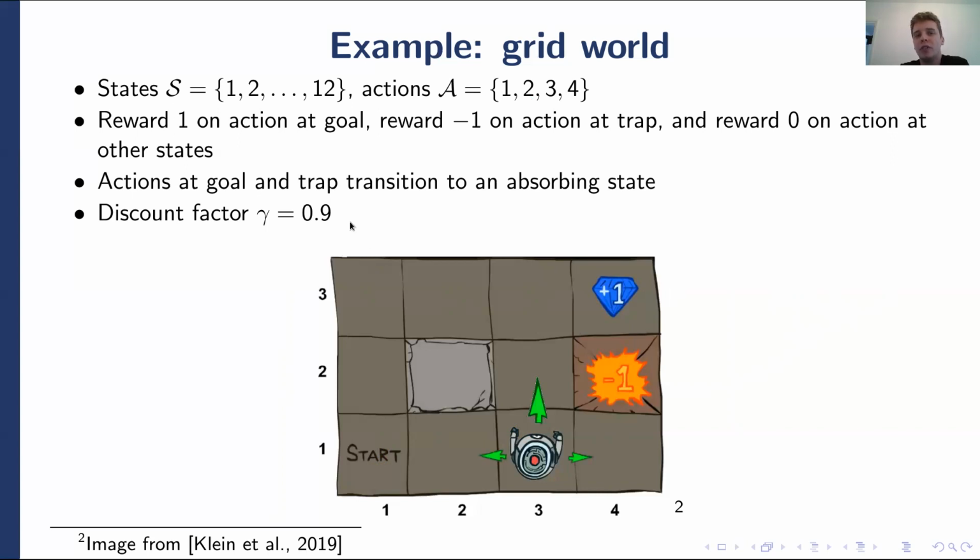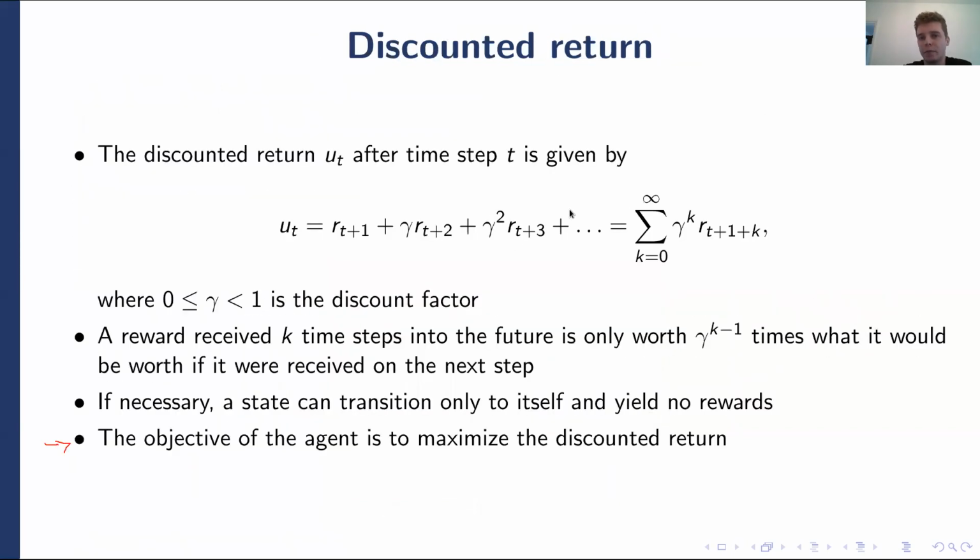However, if I introduce a discount factor, then the agent is encouraged to find a short path to the goal. Why is that? Because remember that a reward observed some time steps into the future will not be worth as much as a reward observed immediately.